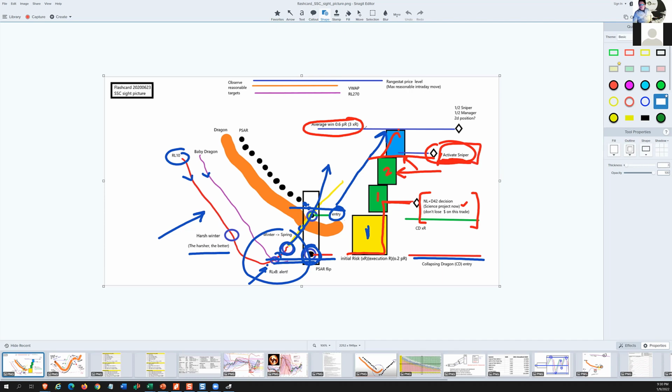If it gets through 3R, then I automatically am thinking, hey, half my position's on the sniper, half is on the manager. Where am I going to put my second position in? And then I'm studying these upper price targets, observable, reasonable targets, like an RL270 or a VWAP, or if I'm trading intraday, it might be a range stat price level or some reasonable resistance level. So that template is how you get that done.